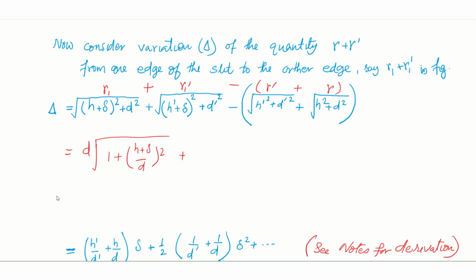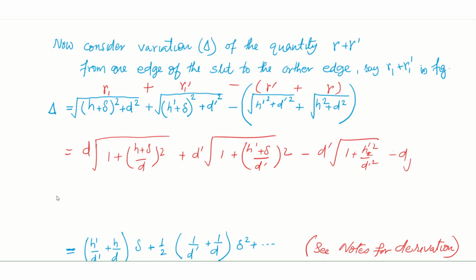Here we have d prime, that is 1 plus h prime plus delta over d prime, whole squared, minus, again taking d prime out, 1 plus h prime squared over d prime squared, minus d times 1 plus h squared over d squared. These are the four terms.